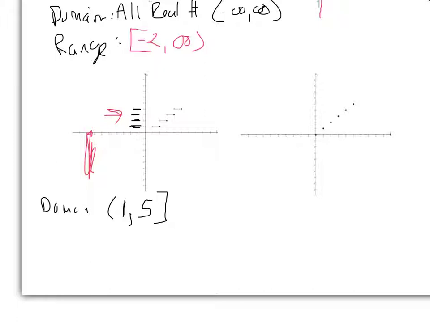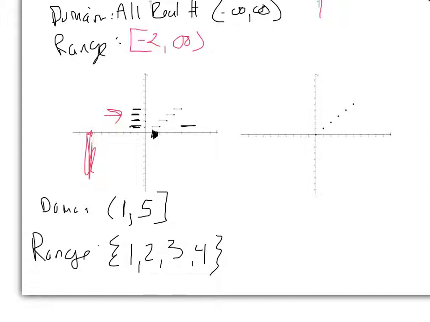So when we're talking about just a set of points, 1, 2, 3, 4, we use just a set bracket, and we say it takes on 1, 2, 3, and 4. And those are the only values it takes on. The domain, we have an interval because it takes on 1.5 and 1 3/4 and 1 5/7 and all of those things in between. But with the y's, it only takes on 1, 2, 3, and 4.